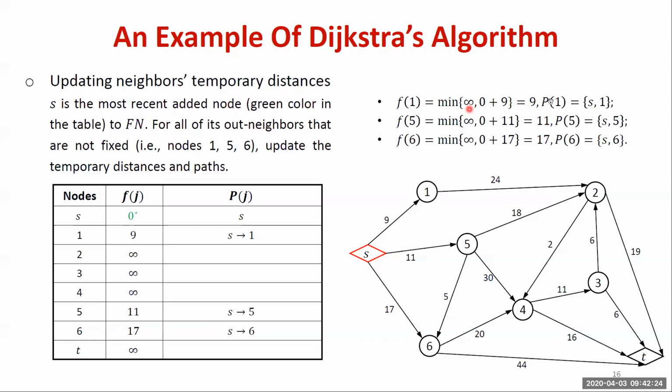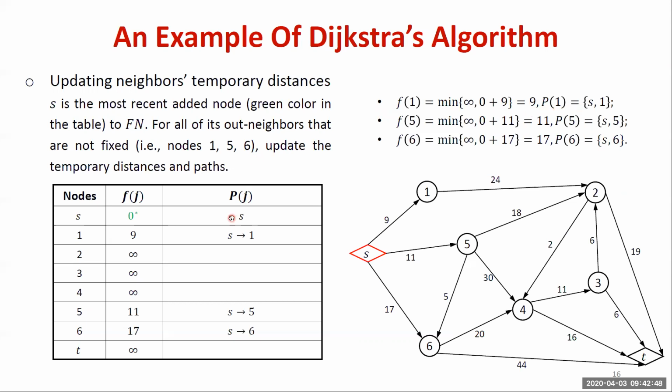Here you update it. If the shortest distance is updated from infinity, for example, here from infinity to 6, then you need to update the corresponding temporary shortest path, which is from node S to the most recent added node, then from this most recent added node to the target node.